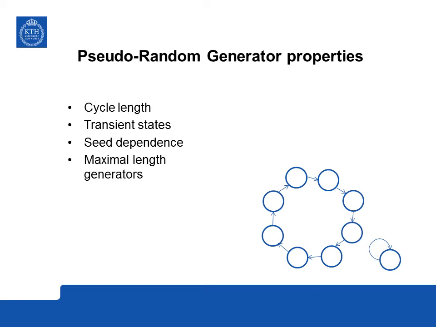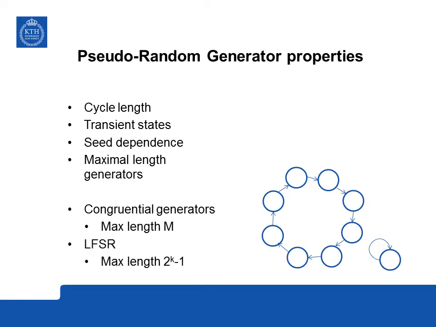Or in the linear feedback shift register, we would like to get the feedback components such that we can reach the maximum length of the state loop, so that we will get something like on the right hand side. And this is an example of a maximum length state loop for a pseudo-random generator.